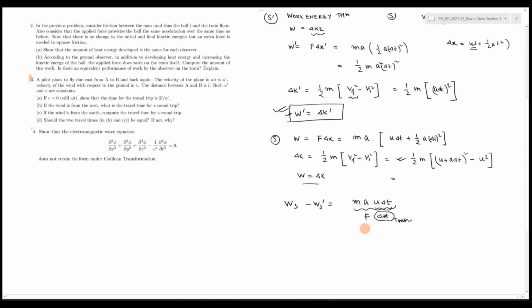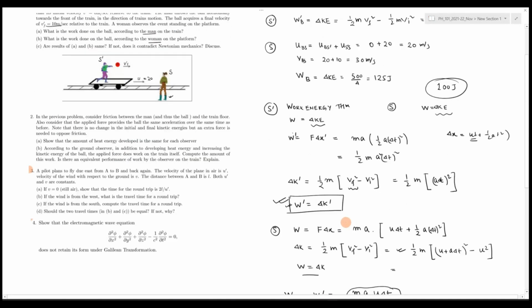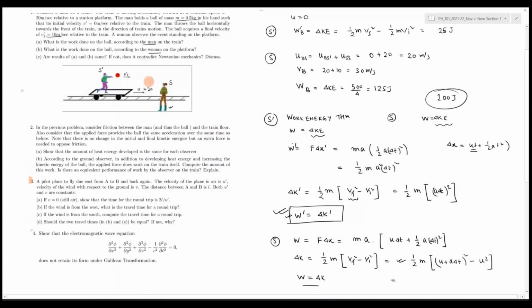So this discrepancy, the difference between both work done, is nothing but the work done on the train, right? So the work done on the ball as observed from S is nothing but the work done on the ball as observed from S prime, plus the work done on the train as observed from S, right?